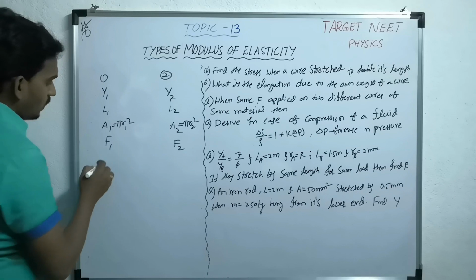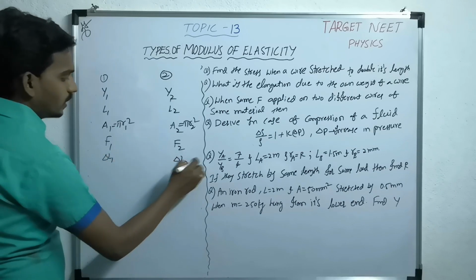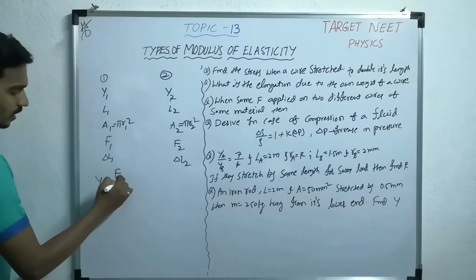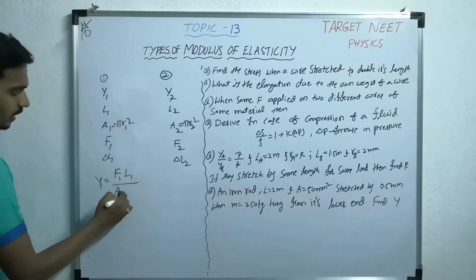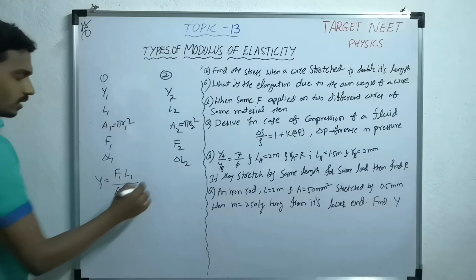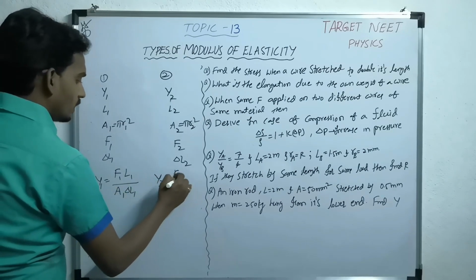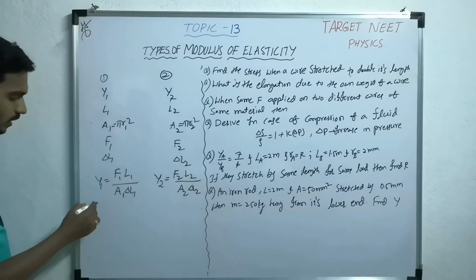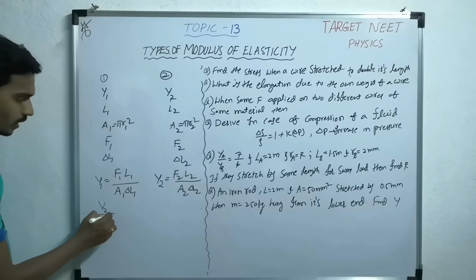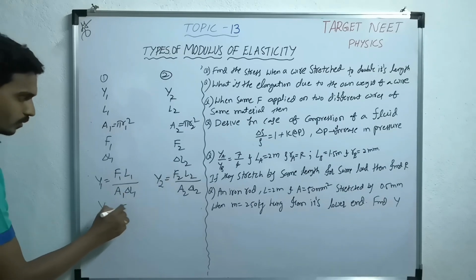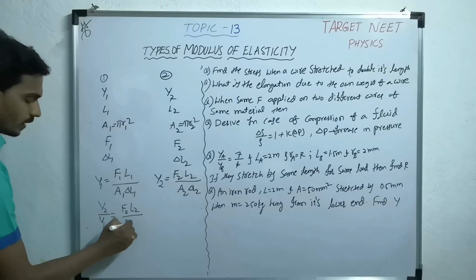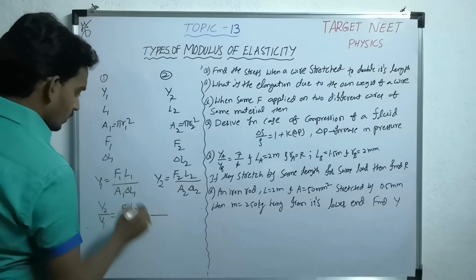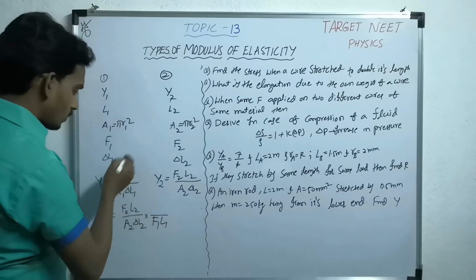Then here delta L1 and here delta L2. Then Y1 will become F1 L1 by A1 delta L1. Y2 will become F2 L2 by A2 delta L2. Then if you compare Y2 by Y1 will become F2 L2 by A2 delta L2 times, and F1 L1 will go up.